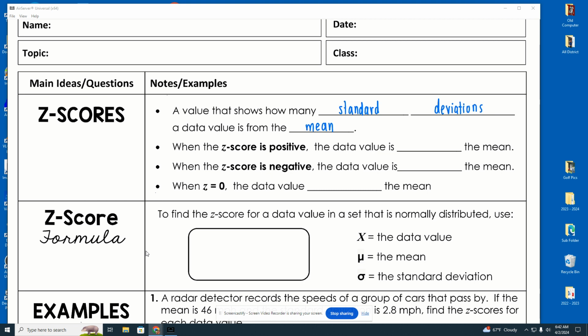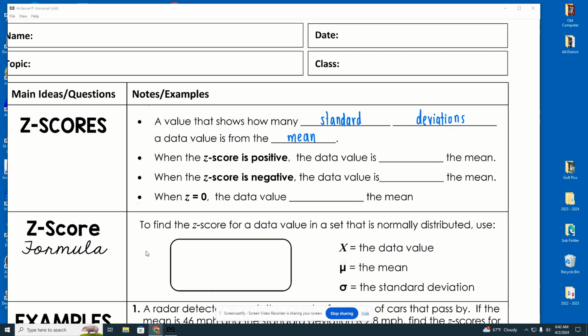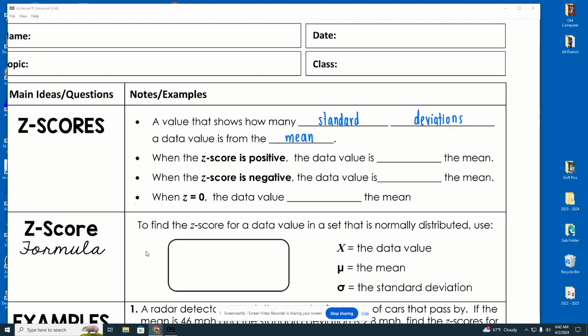So there are obviously 2 possibilities. One, you're going to be above the mean, and when you're above the mean, your Z-score is going to be positive. That means your data value is above the mean. So maybe the mean was 84 and you made a 93 on the test. You're above the mean, therefore your Z-score will be positive.